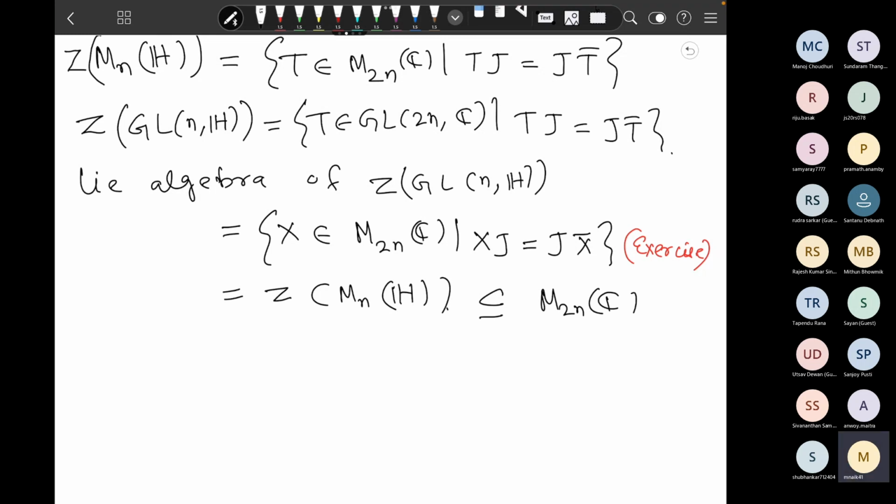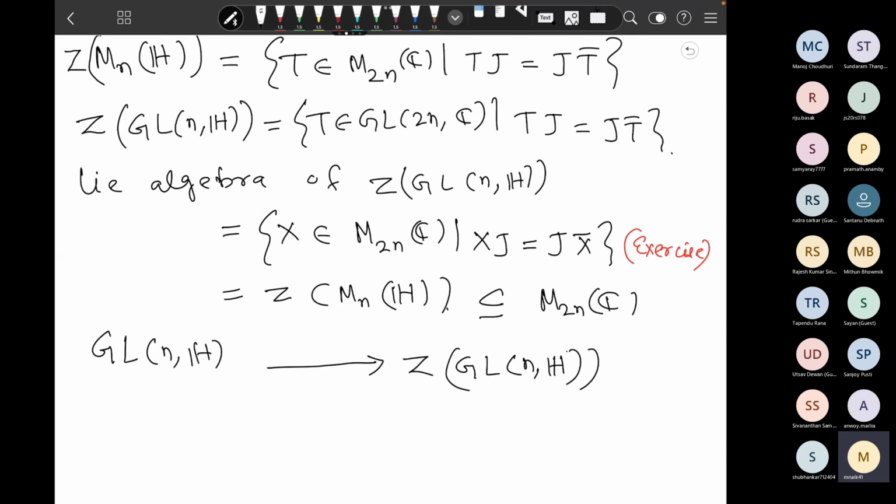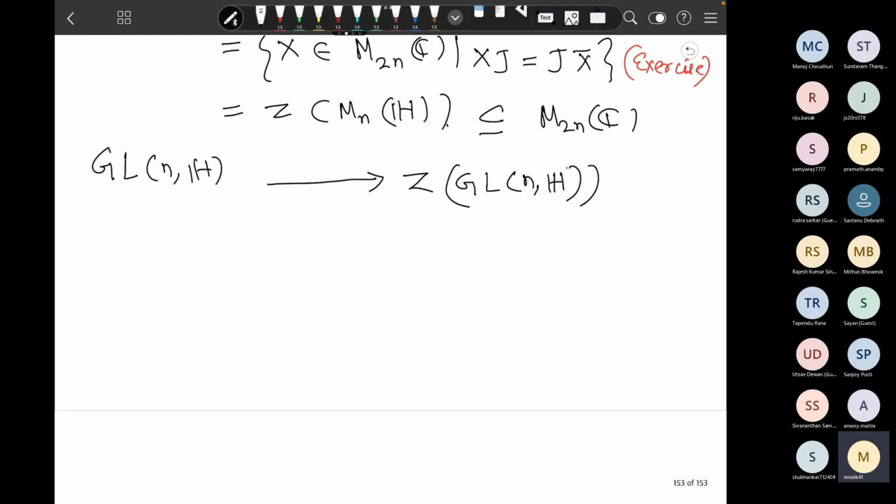So I am taking GLNH, my quaternion picture, and via this map I am transferring to the complex picture, an embedding inside GL2n C, and this is Z of GLNH. If you look at the Lie algebra of Z of GLNH, this is Z of MNH.